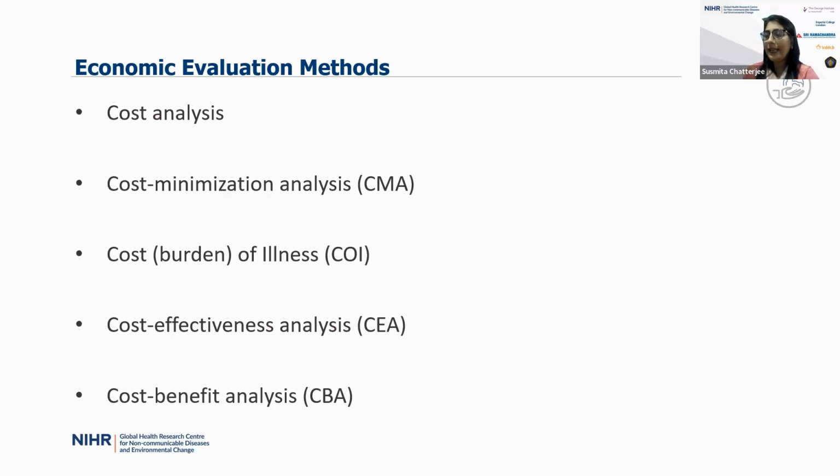Yesterday I had my project dissemination meeting, and to my surprise, someone told me, oh, this is a cost utility analysis. It was not. I really want today's participants to be pretty clear what the differences between these methods are.